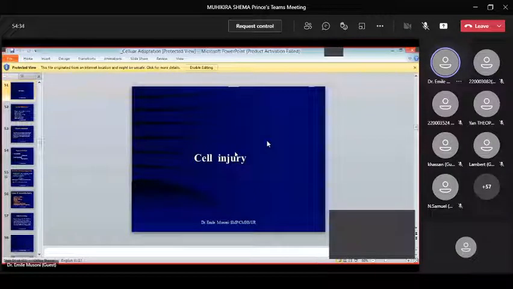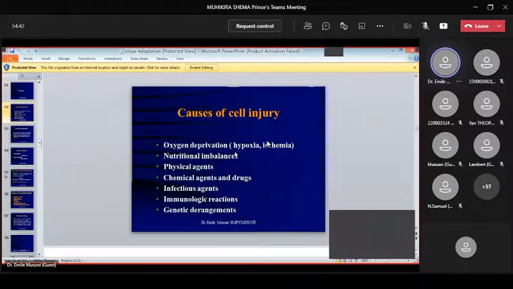Cell injury. There are several causes of cell injury: oxygen deprivation, hypoxia, and ischemia; nutritional imbalance; physical agents; chemical agents and drugs; infectious disease; immunologic reaction; and genetic derangement.